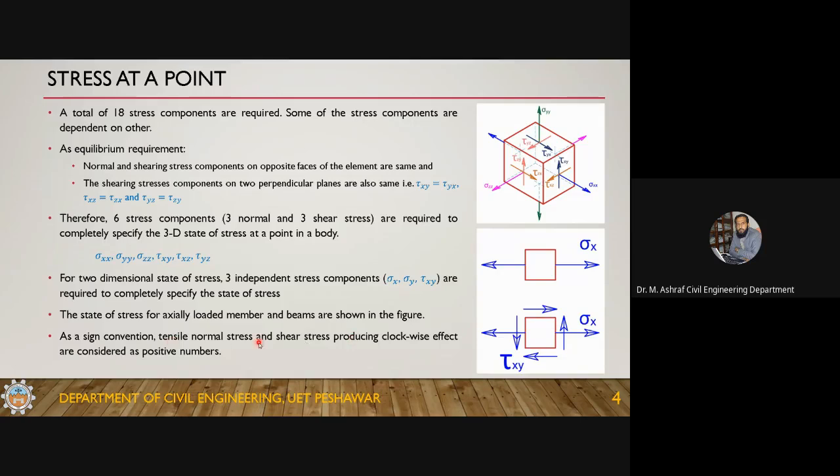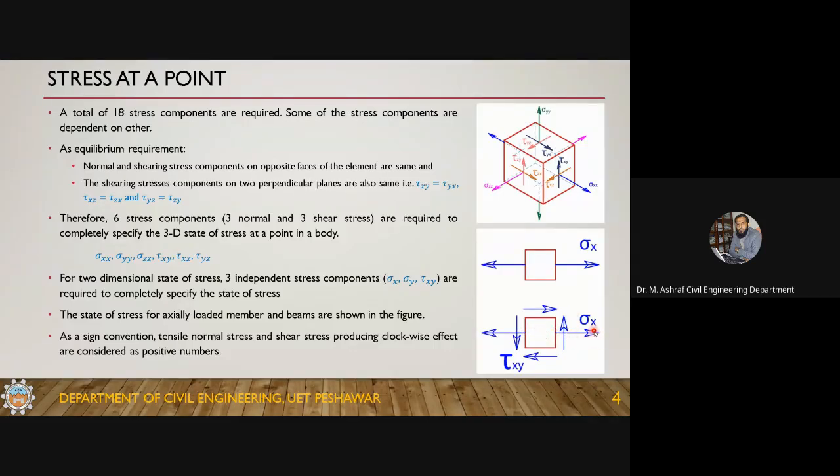As a sign convention, tensile normal stress and shear stress producing a clockwise effect are considered positive. This couple is producing a clockwise effect, so it is considered a positive shear, and the shear acting on the x plane is producing a counterclockwise effect, so it is considered a negative shear.